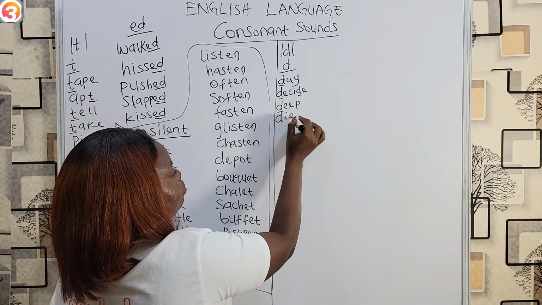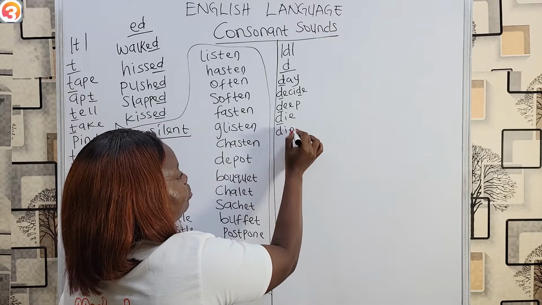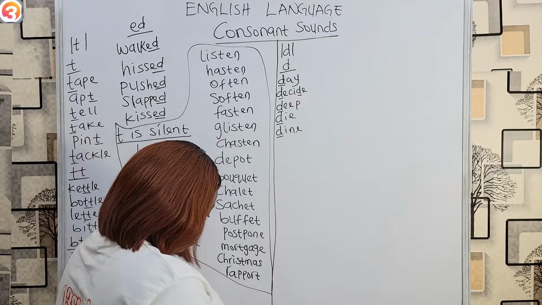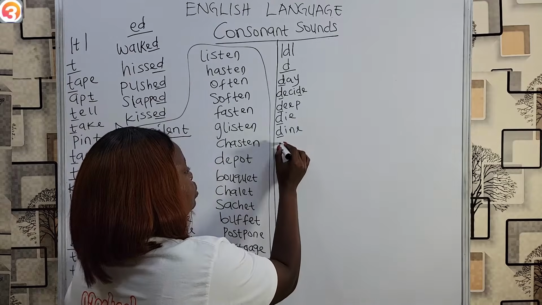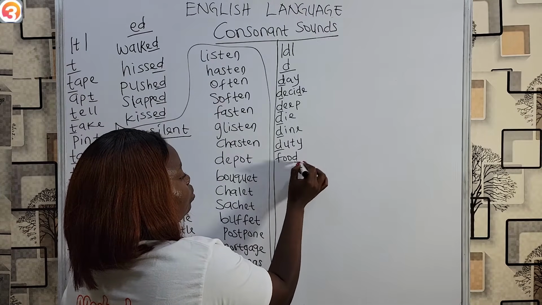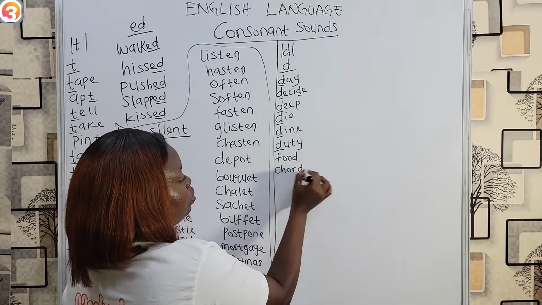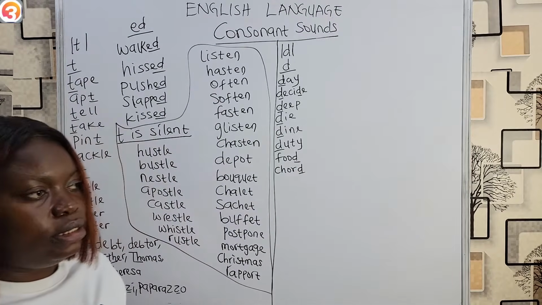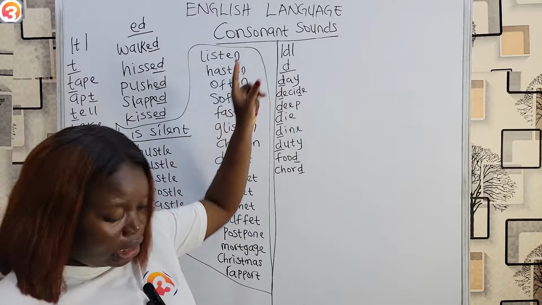Words like die, dine, duty, food, cord. Words that contain letter D, they contain this consonant sound.